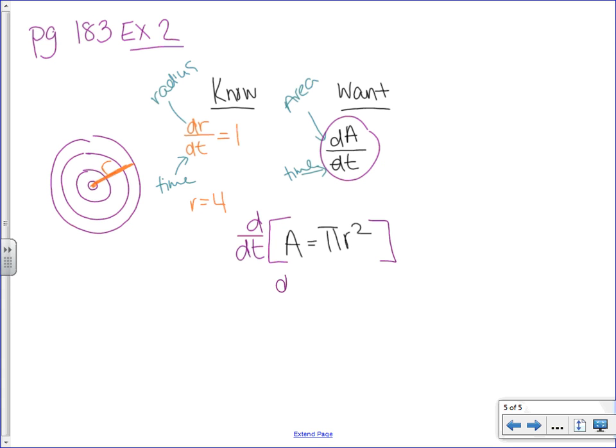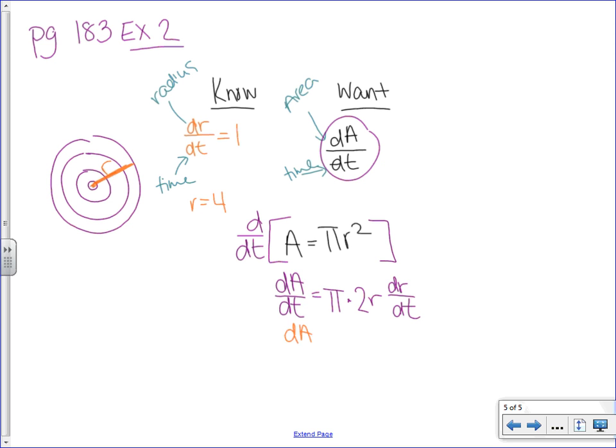When I take the derivative of the left, I get dA dt. When I take the derivative of the right, pi is a constant, so it's pi, and then the derivative of r squared is 2r dr dt. And now I can plug in all of this stuff that I know to find dA dt.